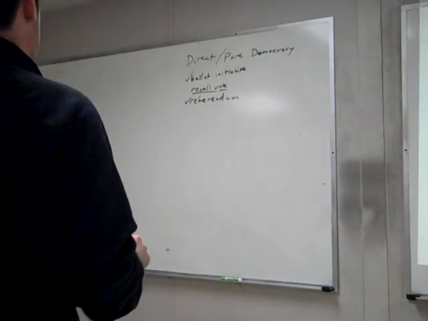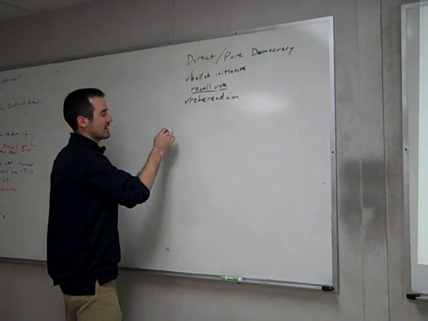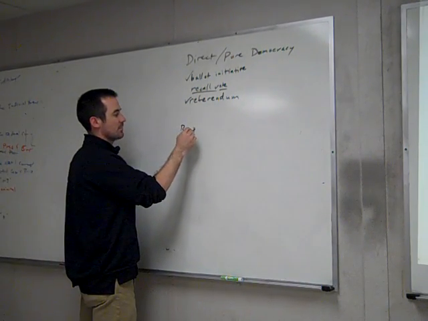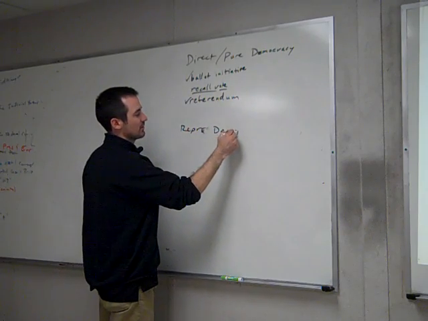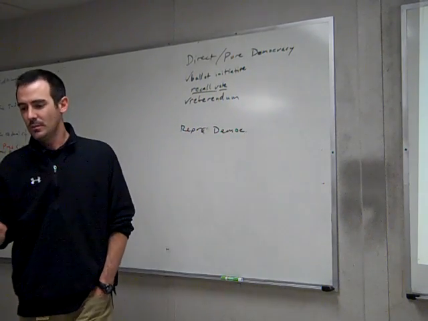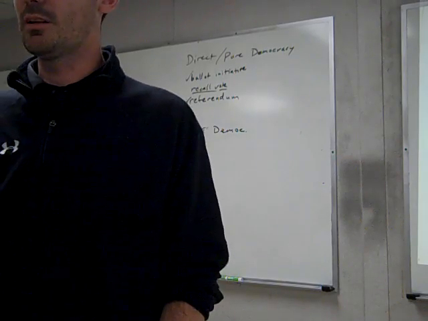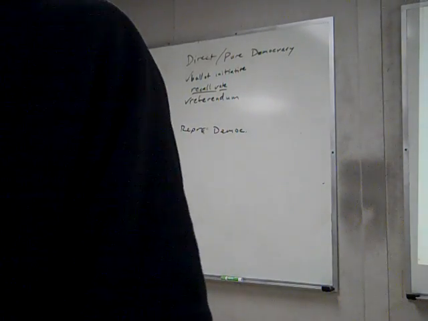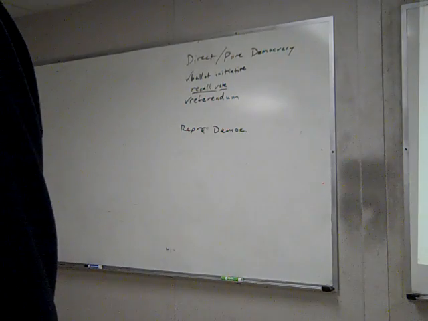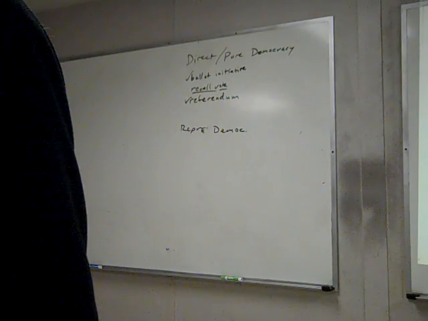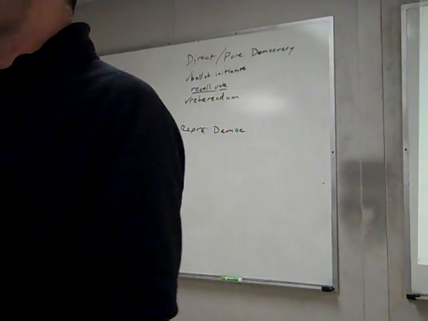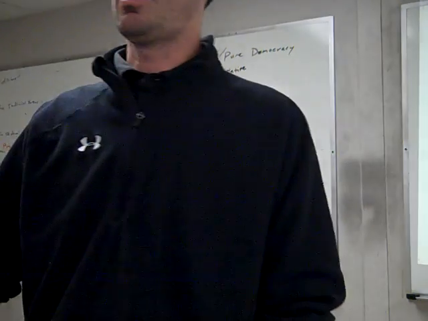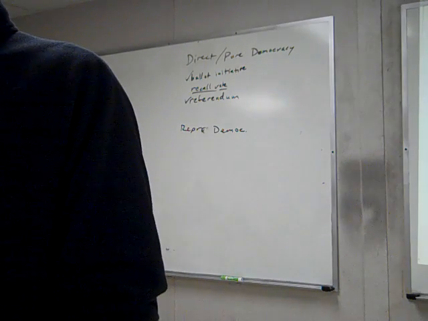But we don't have direct democracy for the most part, especially at the national level. We have representative democracy, in which the people do elect, but they elect representatives to make law and policy on their behalf. It's more efficient because we don't have to have as many elections. We just elect a legislature, and they make policy as time goes by.